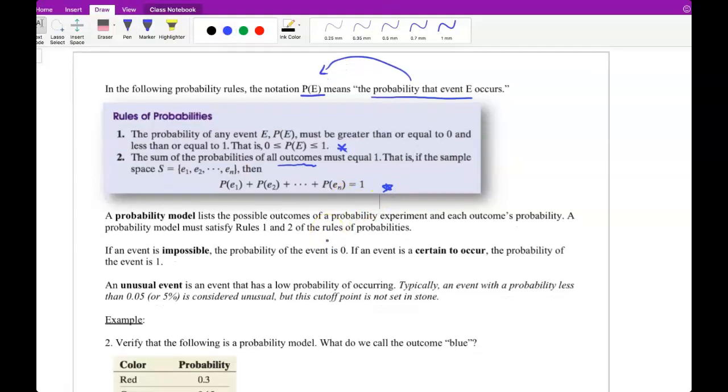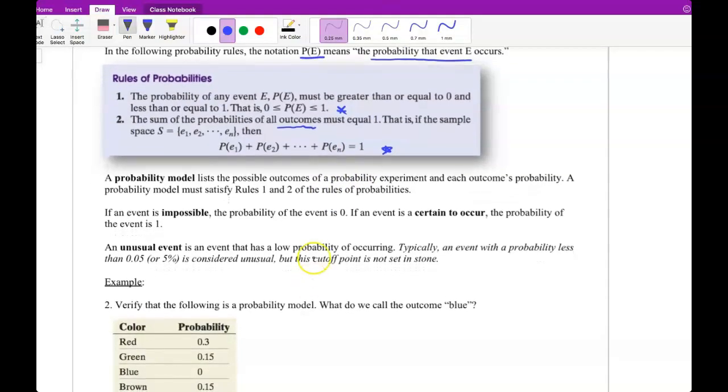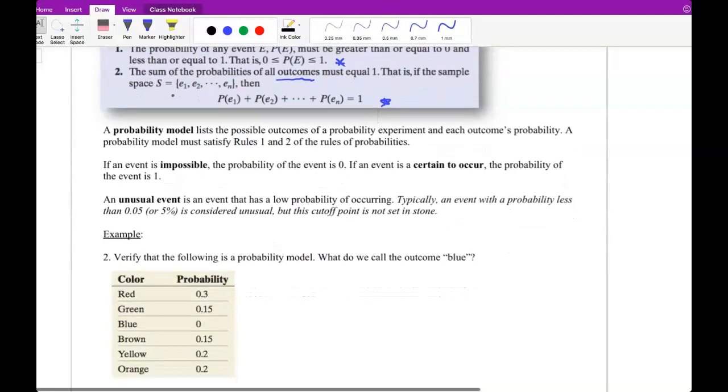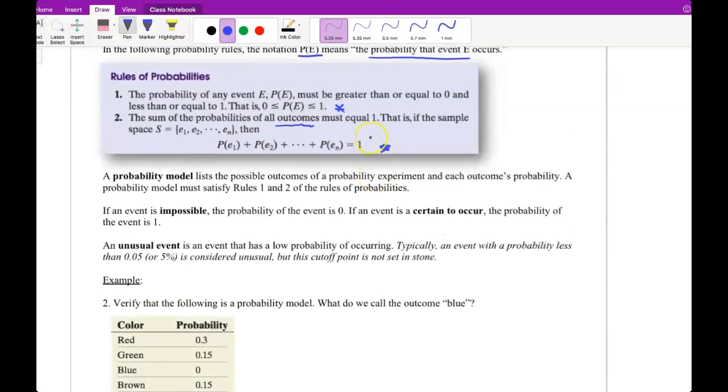So we should have both number 1 and 2 to have this rule for probability. This is equal to 1, or in other words, 100%. And each one of these is an event.